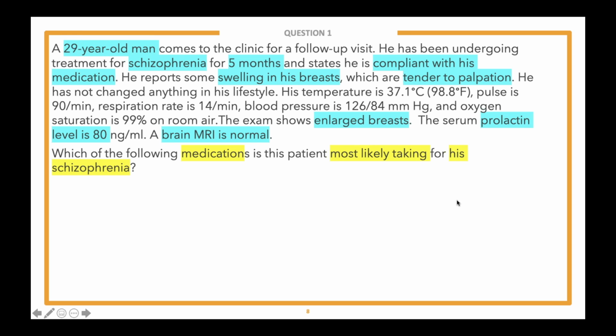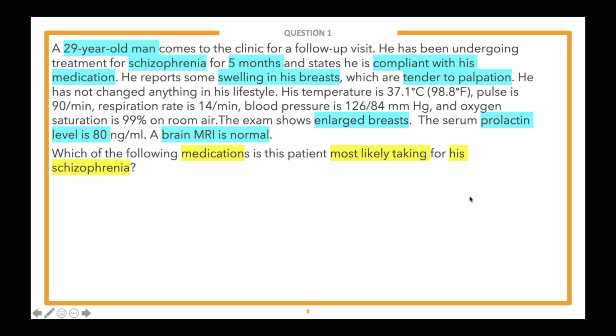So in this lead-in question, specifically, the most important things are medication most likely taking for schizophrenia. So how many steps is this question? Well, I think we kind of have to work backwards a little bit here. So one, we kind of need to figure out what's going on with this patient, what situation is developing, and then two, based off that, maybe what drug could be causing that.